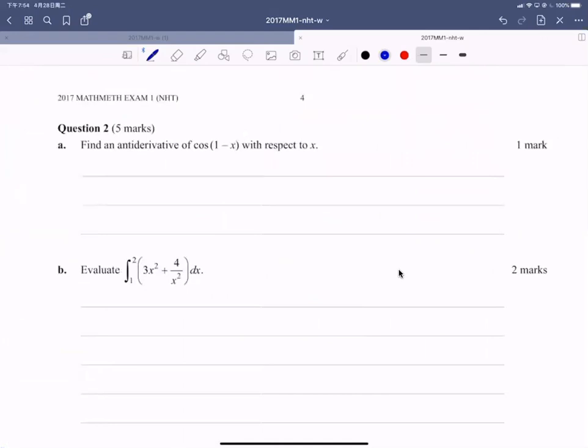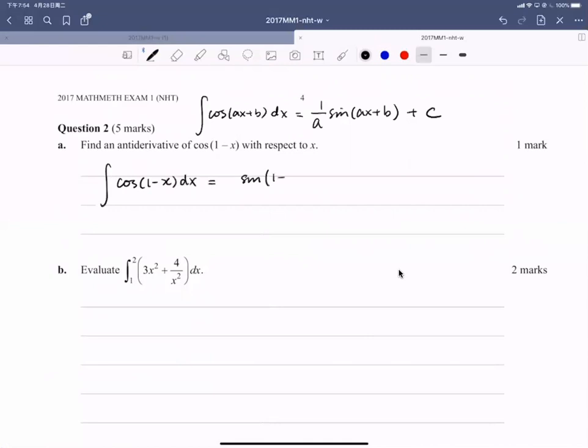Question 2, 5 marks. Find the antiderivative of cosine of 1 minus x with respect to x. Recall that the antiderivative of cosine of ax plus b dx is 1 on a sine of ax plus b plus another constant c. Therefore the antiderivative of cosine 1 minus x dx will be sine 1 minus x.